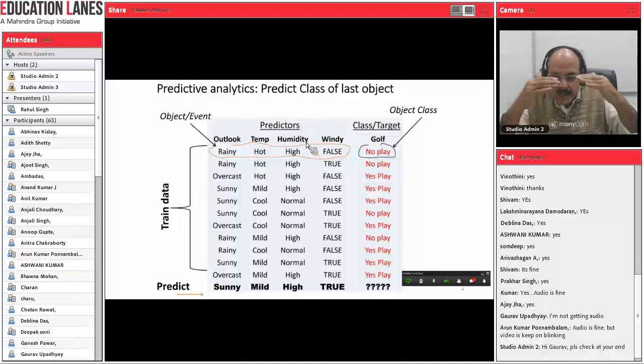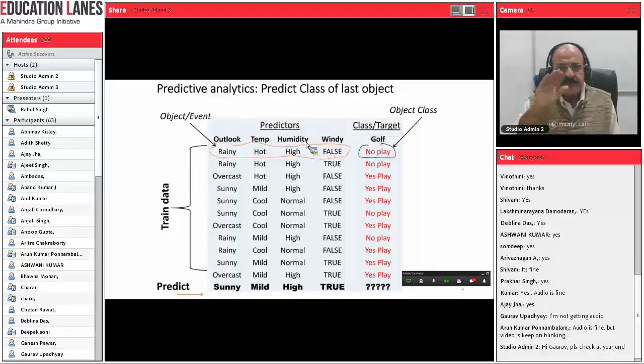Training because I use this data and feed it into a software that is also called algorithm. What the algorithm does is goes over this data again and again and tries to find patterns in the data.